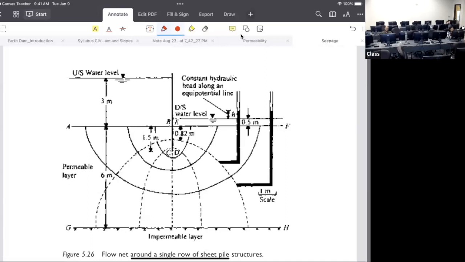We discussed it before, but let's rediscuss it a little bit. I think it's better to discuss it again here. So what happens during the seepage?